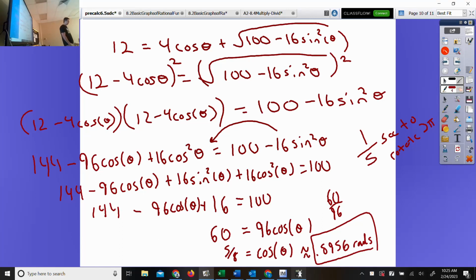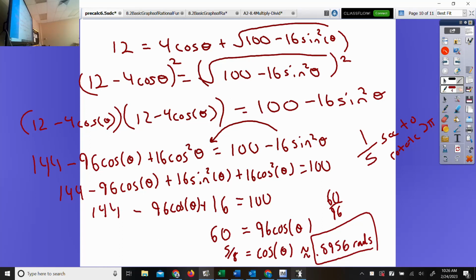The goal here is if it takes 1/5 of a second to rotate 2 pi, how long does it take to rotate part of it? I mean, we can do it with the formulas if we really want to, but we don't have to.